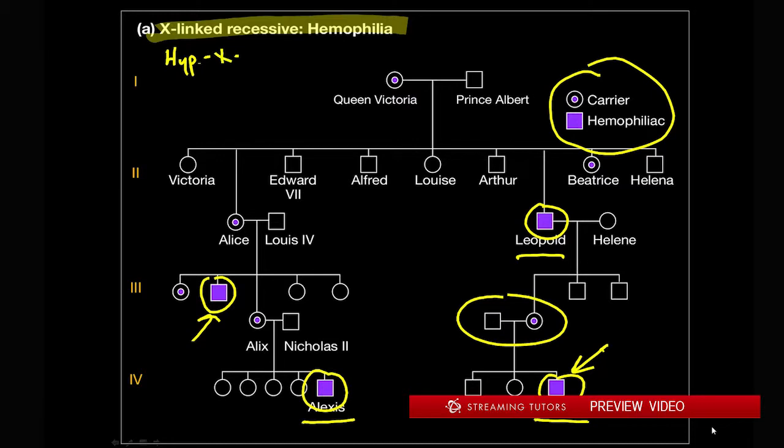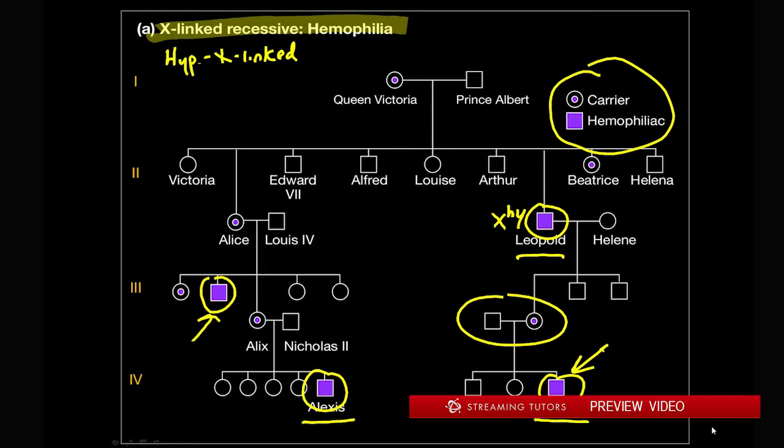Let's make it easy: the hypothesis is that the hemophilia allele is sex or X-linked. In that case, anyone who has it, Leopold for example, has to be, and I'll arbitrarily use H for hemophilia, X little h Y. We already established it's recessive.